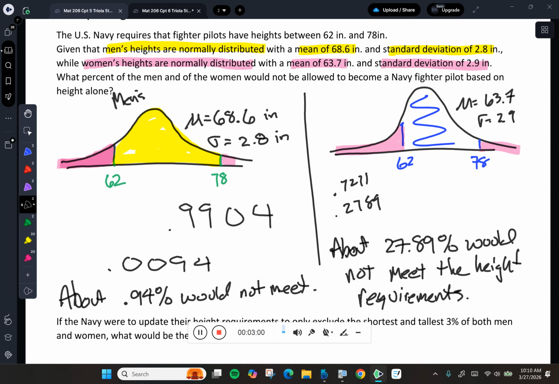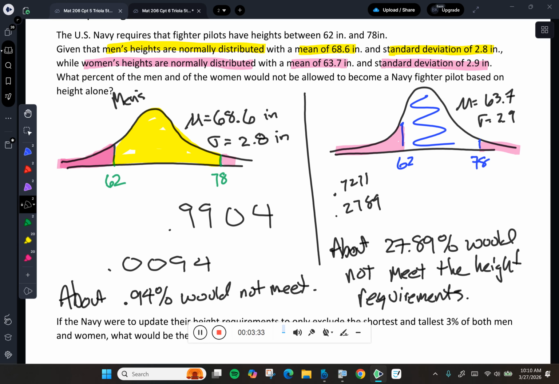Like if I want to be a fighter pilot, I've got to know that I need to fit in this range of values to make it. And it looks like basically almost all the men would make it, but almost a third, more than a quarter, of the women wouldn't.